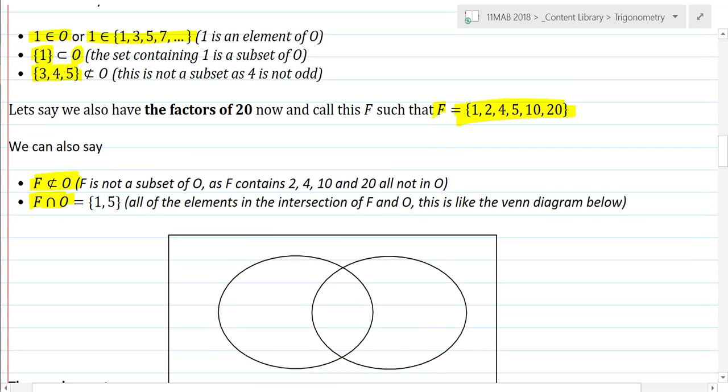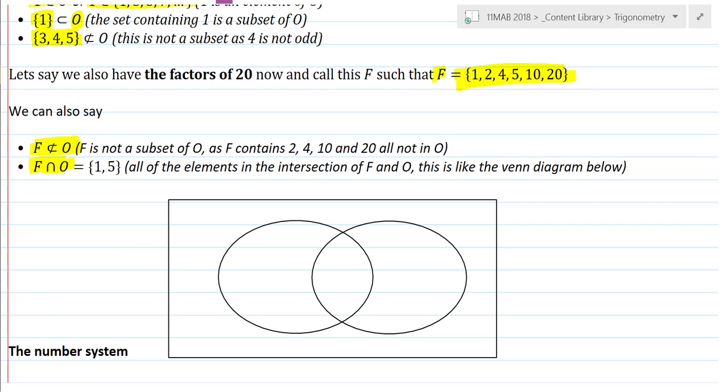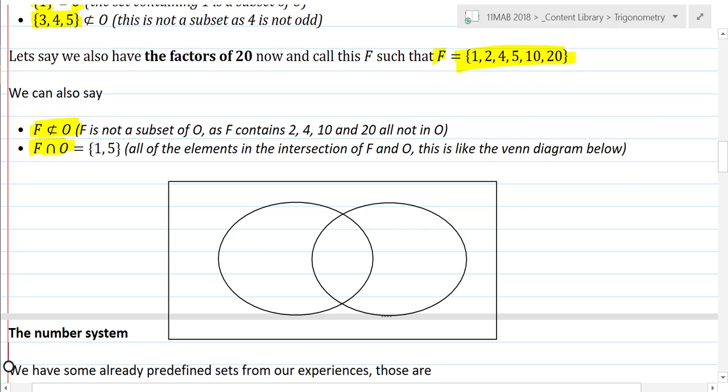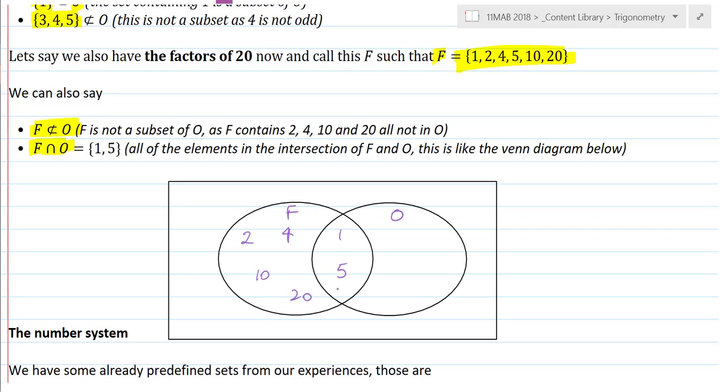And just quickly to show you how that looks in a Venn diagram. So this is the set of F here, and this is the set of O. In F, we have these numbers, 2, 4, 10, and 20. We have 1 and 5. I've put 1 and 5 in that intersection component because 1 and 5 exist in the odd numbers as well. And over here in the odd numbers, we also have 3, 7, 9, and all the other ones.